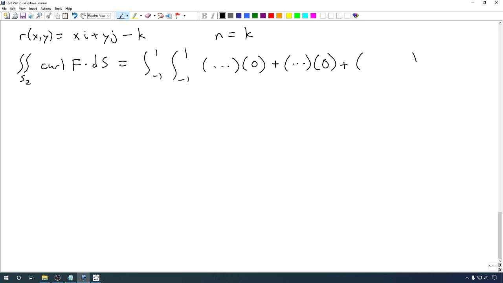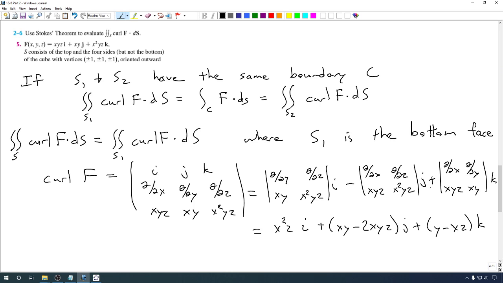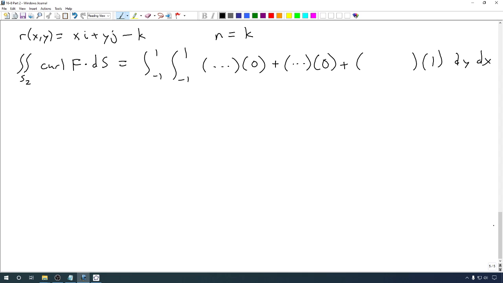The only thing being multiplied by 1 is our third component, which is y minus xz. Now, of course, z is negative 1. So we put y minus x times negative 1. Basically this all comes down to the integral of x plus y, because we have a positive x now, and this y, and everything else got zeroed out.